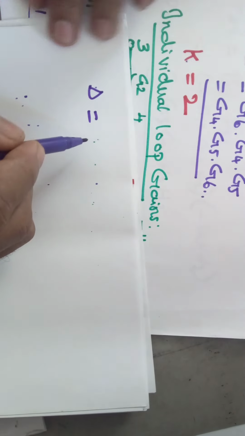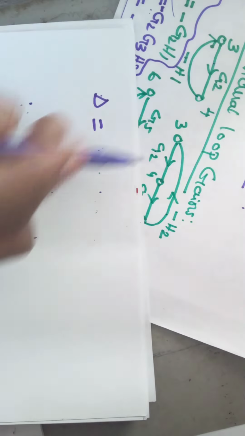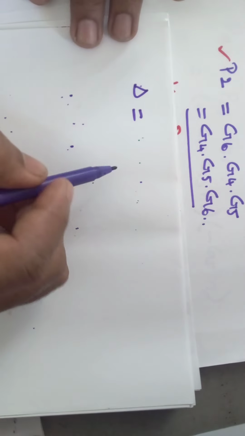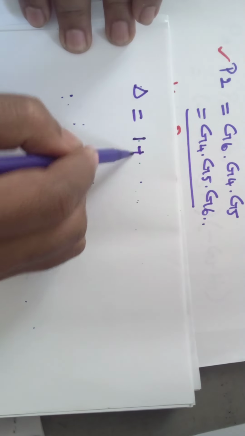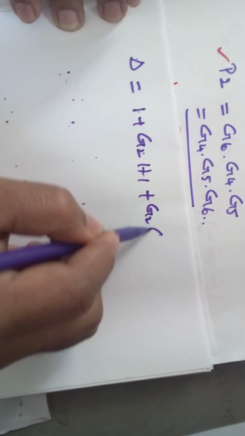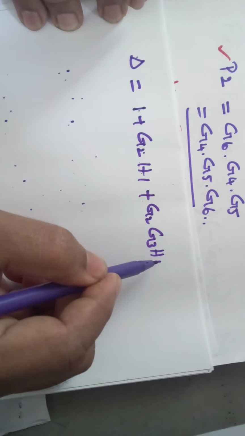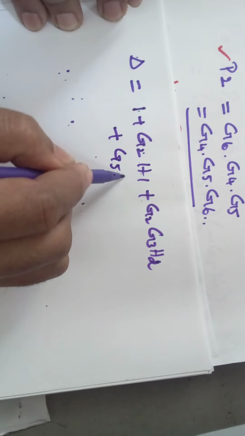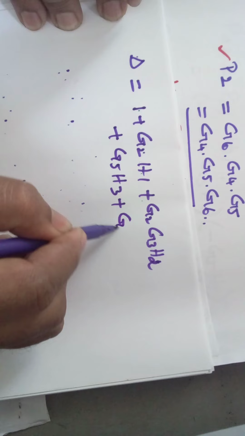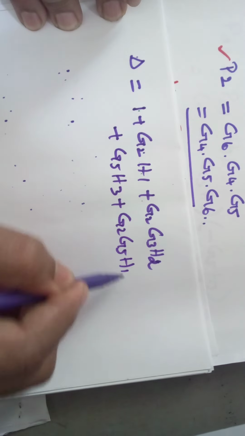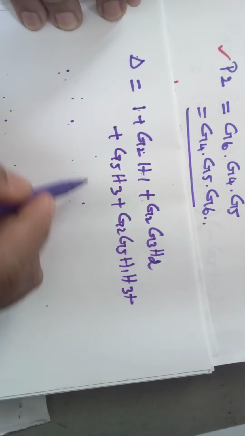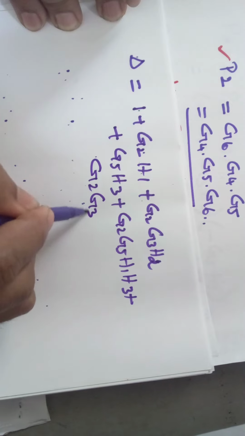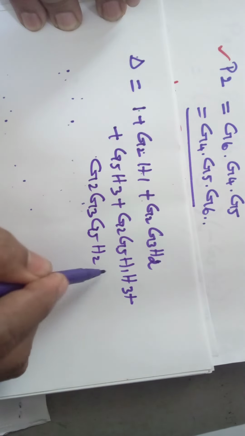After simplifying that equation, you will get delta equal to 1 plus G2 H1 plus G2 G3 H1 H2 plus G5 H3 plus G2 G5 H1 H3 plus G2 G3 G5 H2 H3.